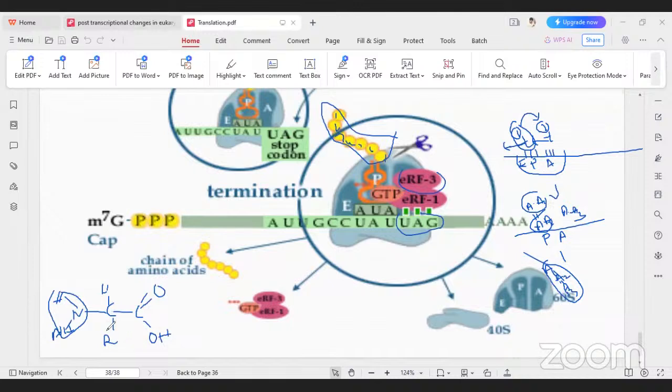The group of the amino acid is based on this alkyl group. And this is the carboxyl group. Another amino acid is the same: NH2, alkyl group, C keto, hydroxy group.